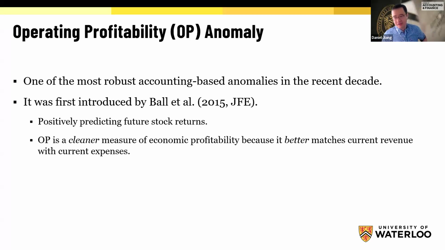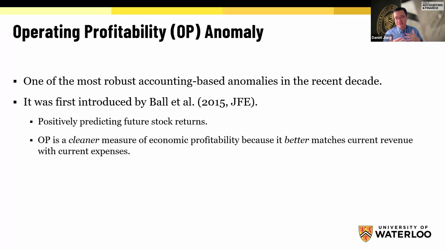It was first documented by Novy-Marx and his co-authors in their 2015 JFE study. So the basic idea is that relative to other profitability measures, such as the gross margin and bottom line earnings, operating profitability is the cleaner measure of the firm's economic profitability because it better matches the firm's current revenue with the current expenses.